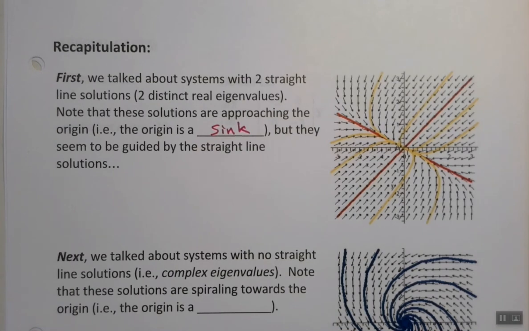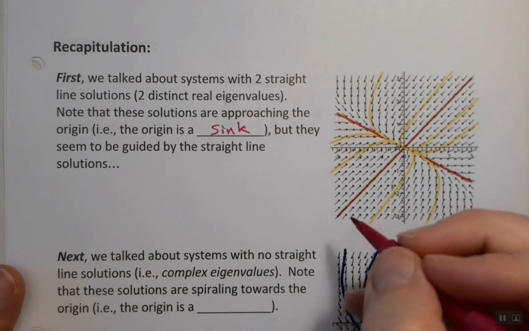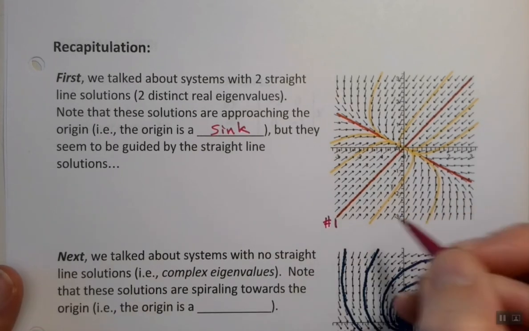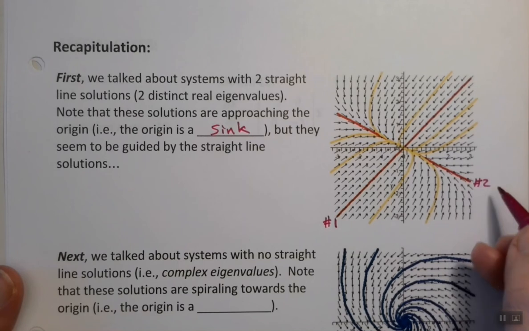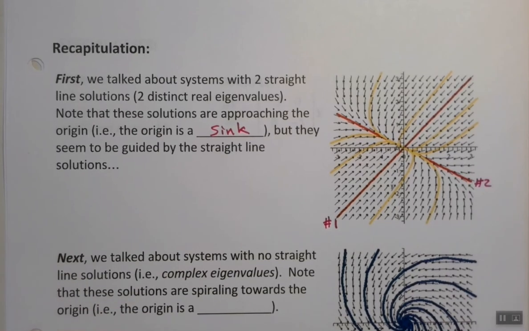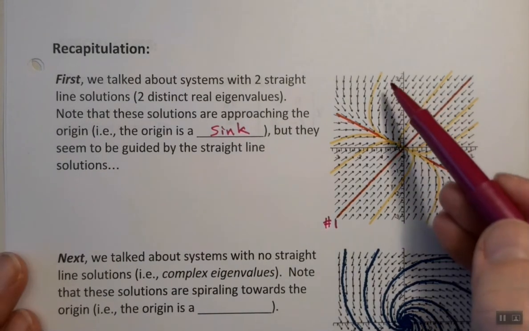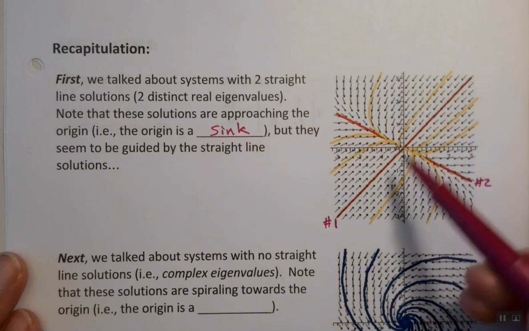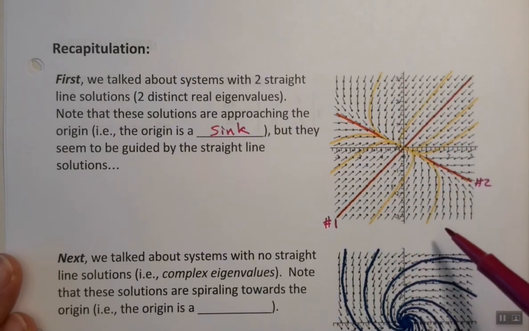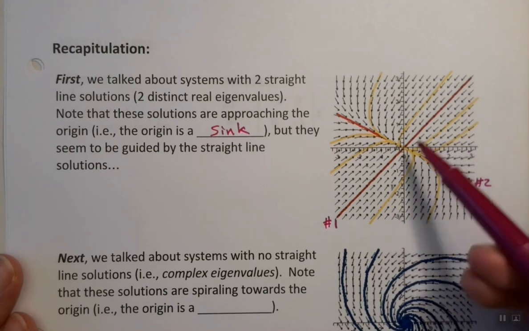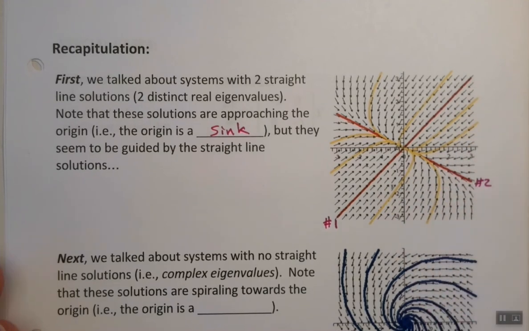In fact, if you were to number these, I'm going to call this one number 1 and this one number 2, you can see some interesting situations. If you're floating out here in space, it's straight line solution number 1 that seems to have the biggest impact on the movement of our particular solutions.